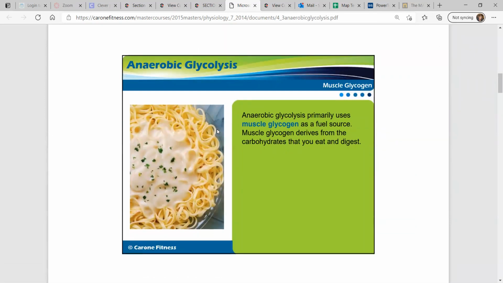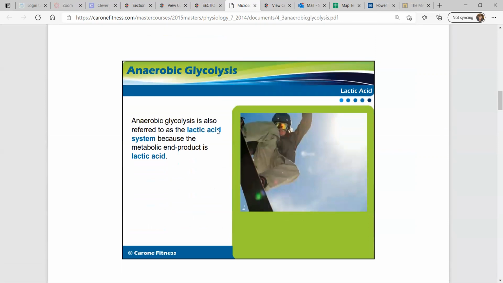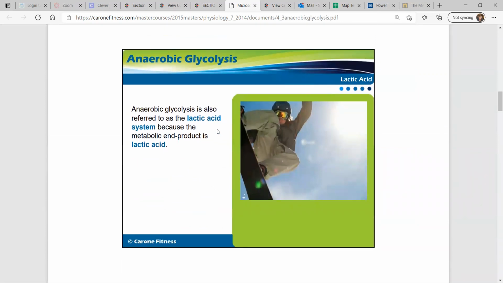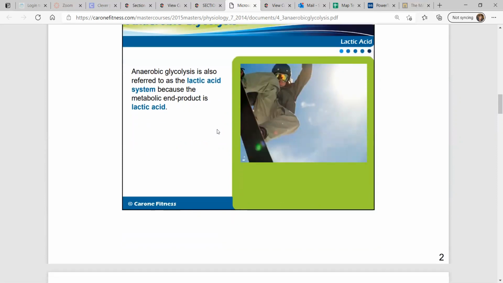Muscle glycogen derives from the carbohydrates that you eat and digest. Anaerobic glycolysis is also referred to as the lactic acid system because the metabolic end product is lactic acid. So at the end of this system converting energy, it builds up a lot of lactic acid.